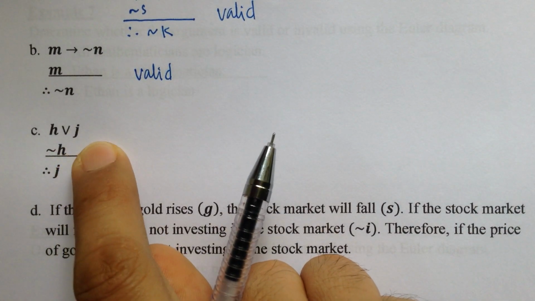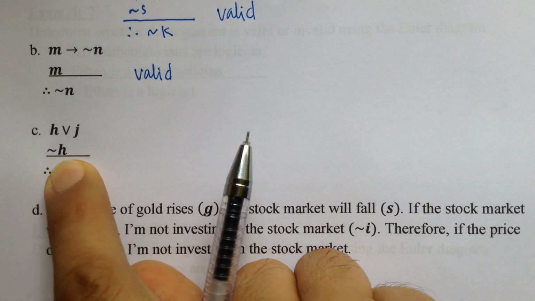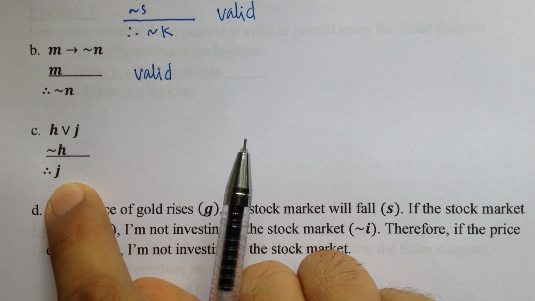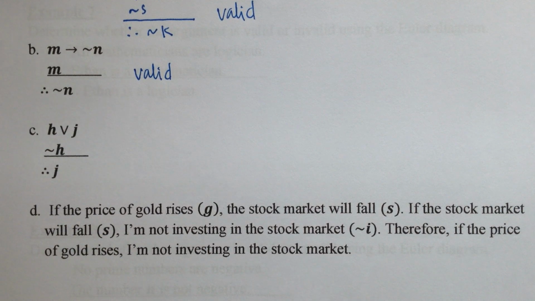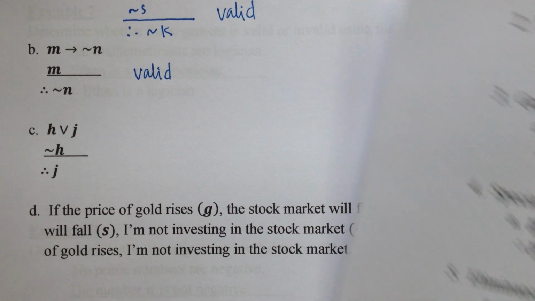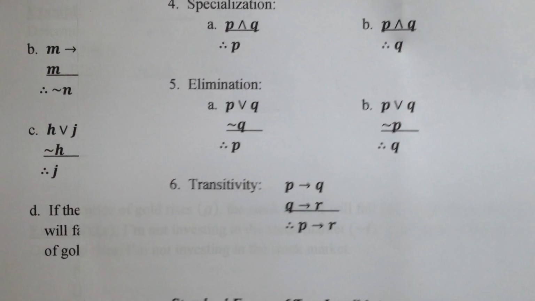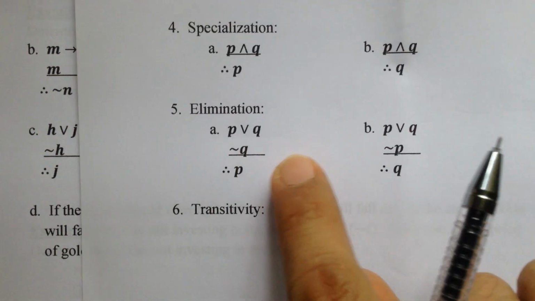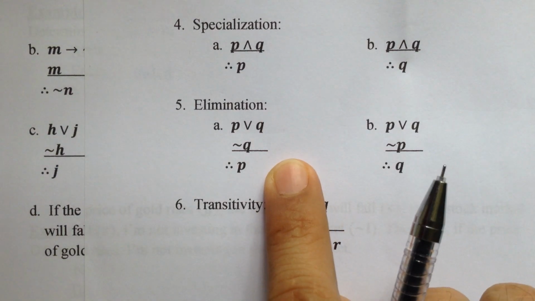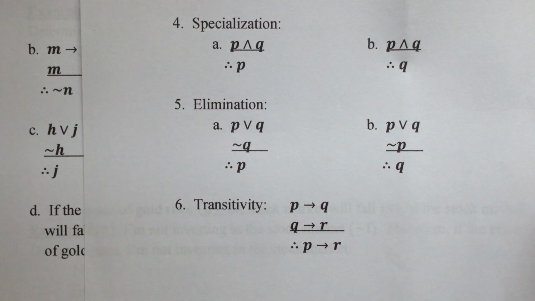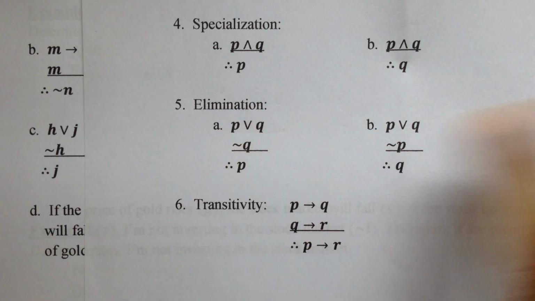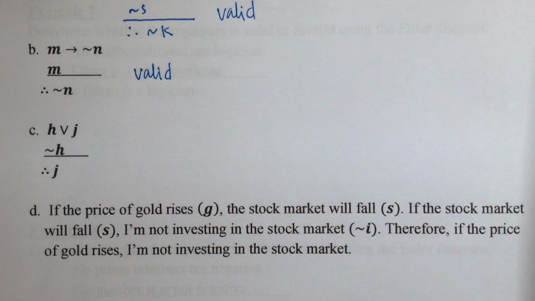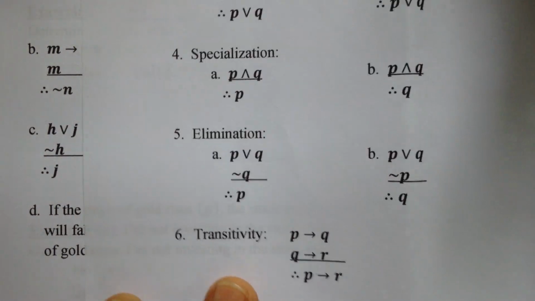Third, H or J, negation of H, therefore J. Okay, is this valid or not valid? Do we have a form that is similar to that? We actually have a form that is similar to that. We call that the elimination, right? You have P or Q, elimination, the second form for elimination.